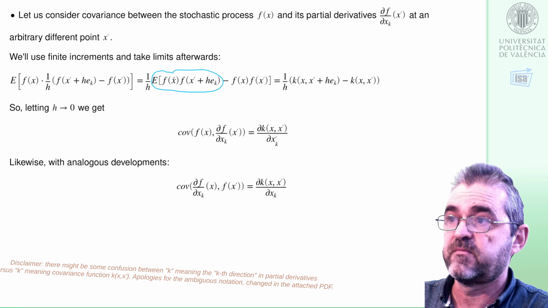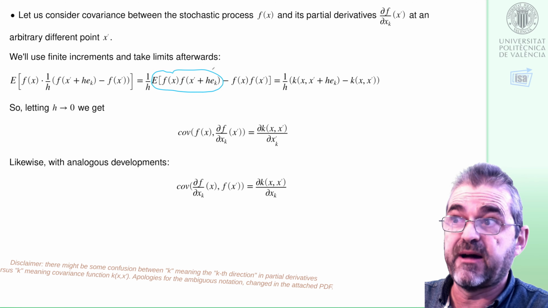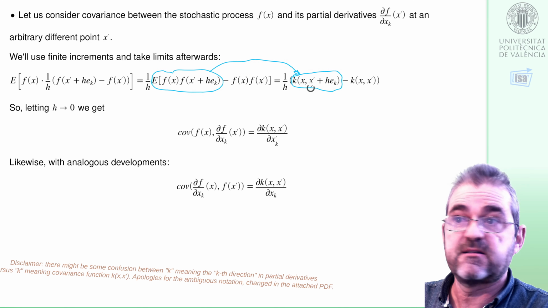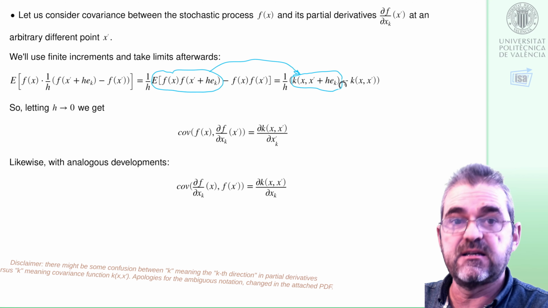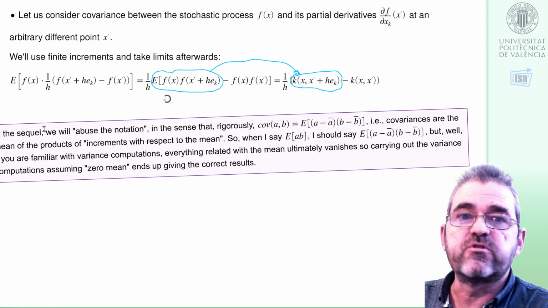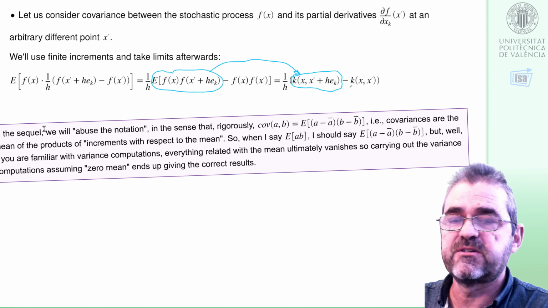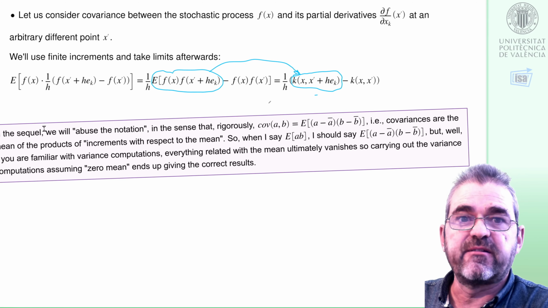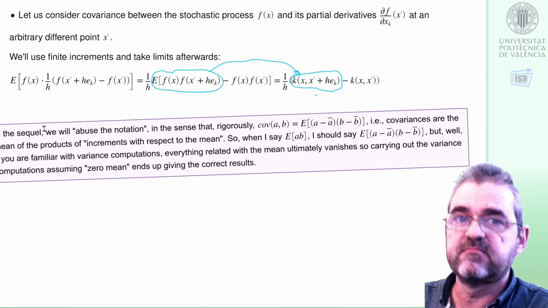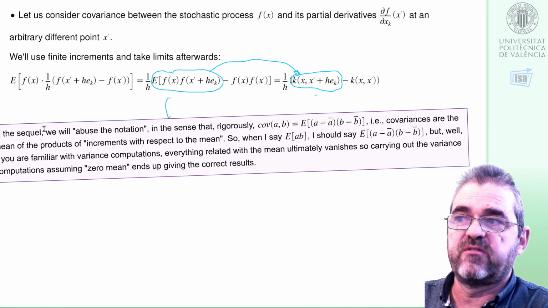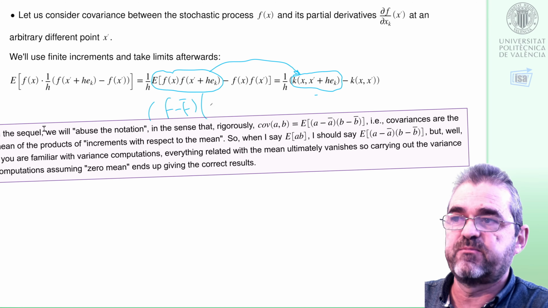And the expectation of this thing is, by definition, the covariance between x and x prime plus h e_k. Okay, we should subtract the mean, but that would complicate the notation. As in many variance computations, quick and dirty calculations with zero mean just work, because kappa is actually the mean of f minus f bar at a point and f minus f bar at a different point.